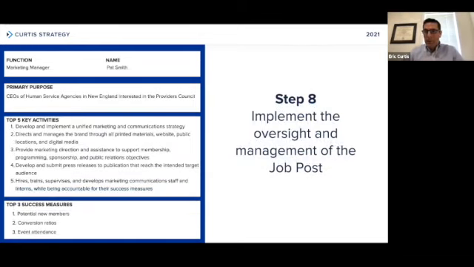So when I think about a post like the marketing manager, and I put this together for the Providers Council, assuming the Providers Council has a chief marketing officer, marketing manager, right? Their primary purpose could be this: CEOs of human service agencies in New England interested in the Providers Council. Now, their job is to create interest that will drive them to a point of action. They actually can't control the individual's action, but they can influence interest, right?